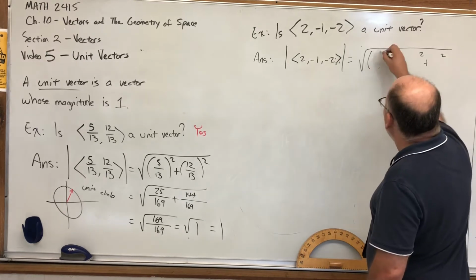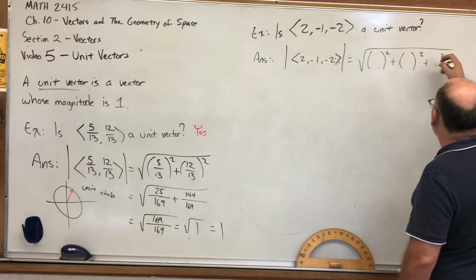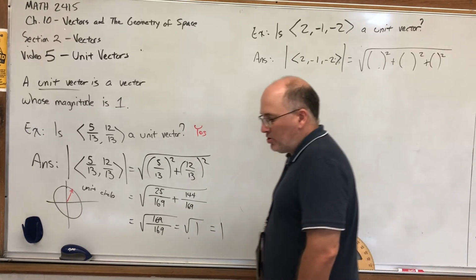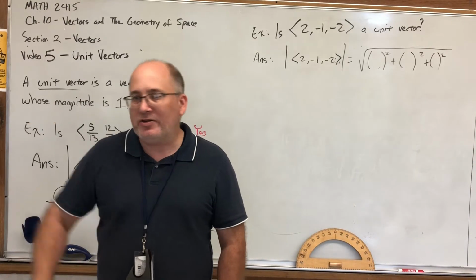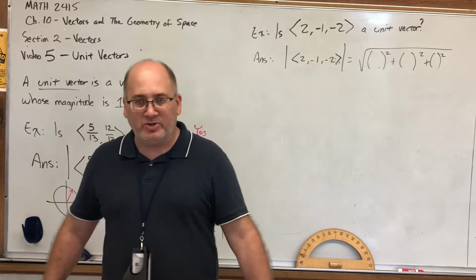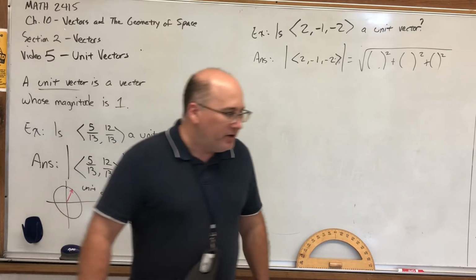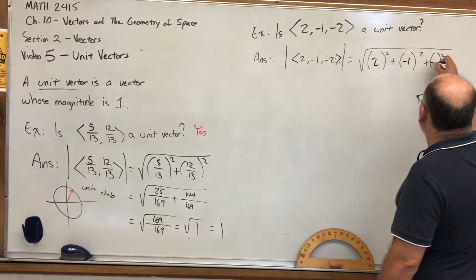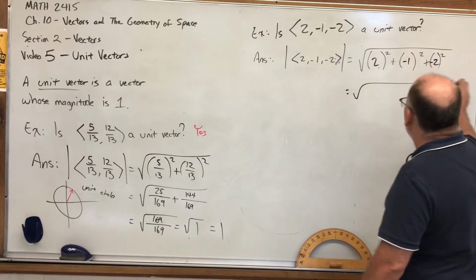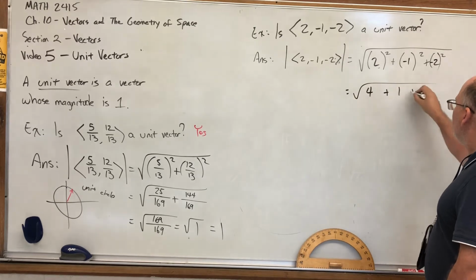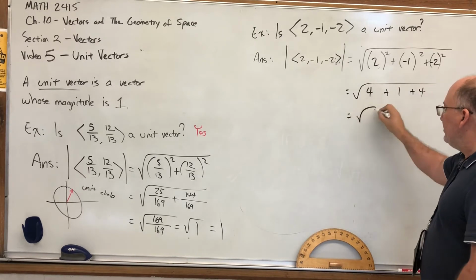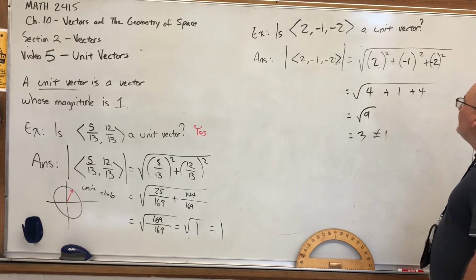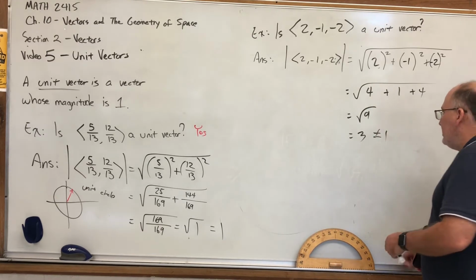That shouldn't bother you, but I can't tell you how many people at this level don't square negative numbers correctly. They know how to square a negative number, but they put it in their calculator, don't put it in parentheses, and so the negative doesn't get squared. Don't do that. 2, negative 1, and negative 2 are all going to get squared. So that's 4 plus 1 plus 4. That sum is 9, the square root of 9 is 3, and that's not equal to 1. And since that's not equal to 1, this is not a unit vector.